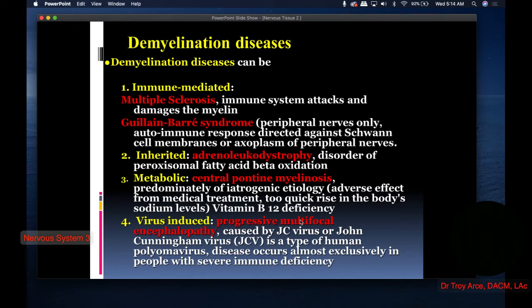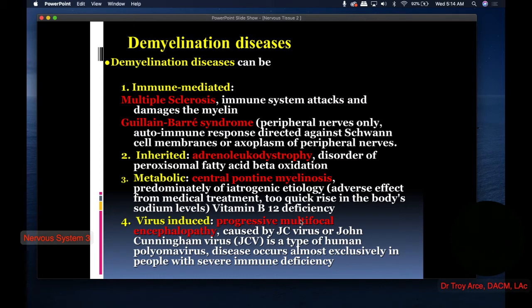You'll also have adrenoleukodystrophy, which is an inherited disorder of peroxisomal fatty acid beta oxidation. And all of these have different symptoms, and also the metabolic central pontine myelinosis, which has to do with vitamin B12 deficiency.